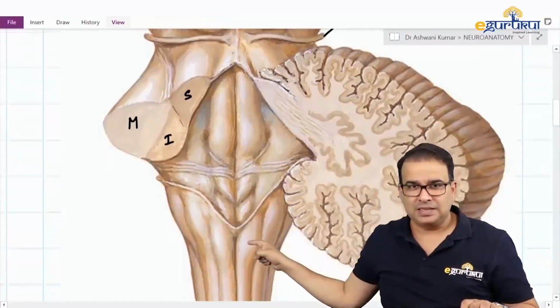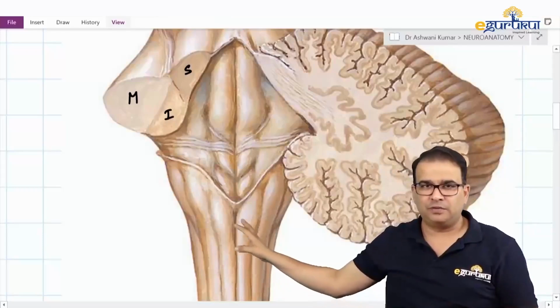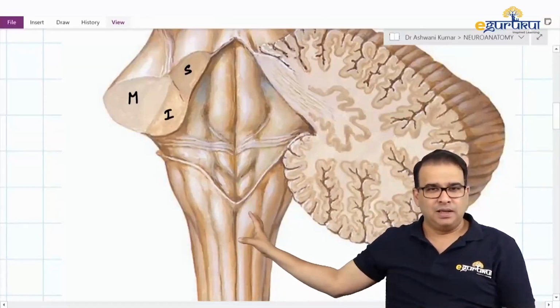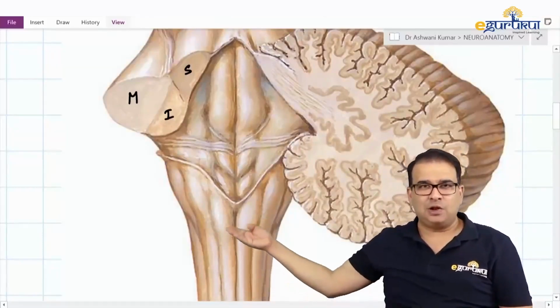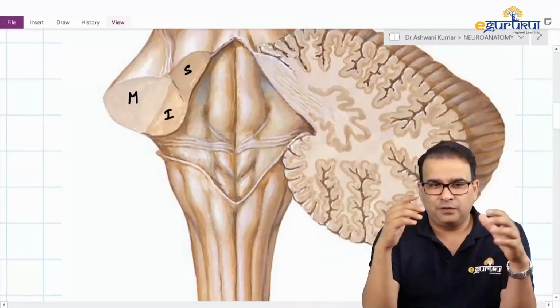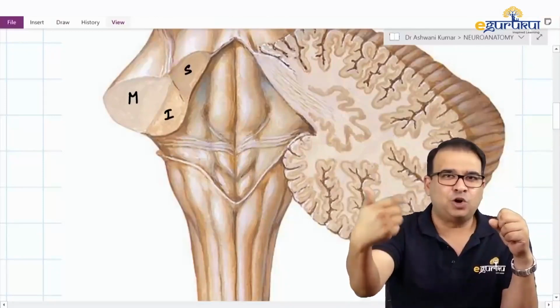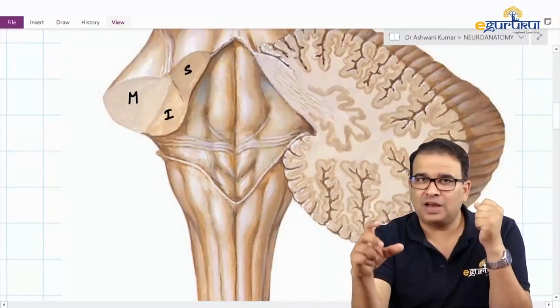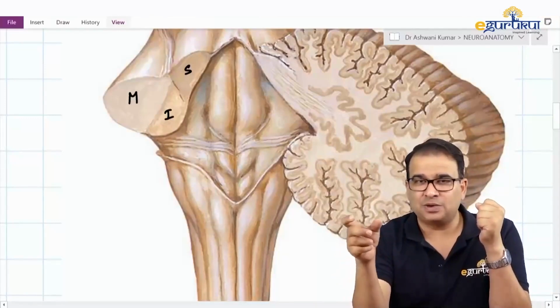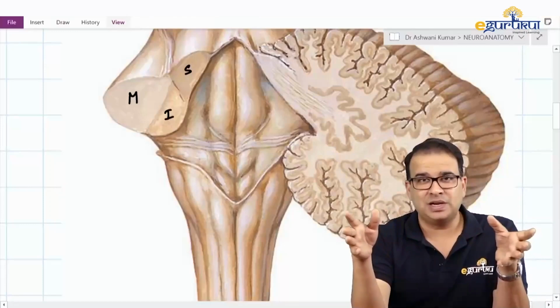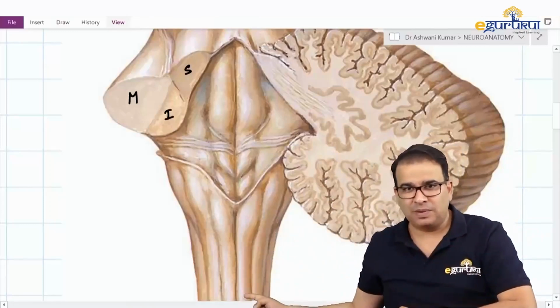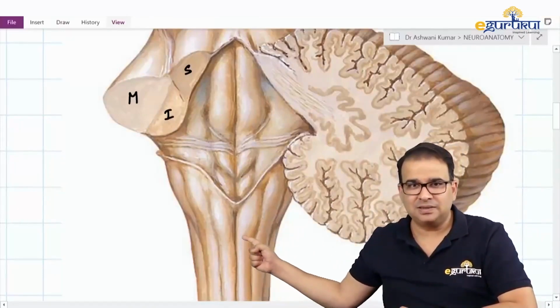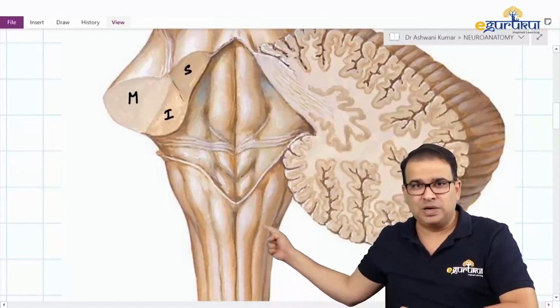Yes, there is. If you look at this portion of the medulla oblongata, it is a continuation from the spinal cord. Now I want you to think about it. If you think about the spinal cord, what is there at the dorsal aspect of the spinal cord? At the dorsal aspect of the spinal cord, we have the dorsal column tract having fasciculus gracilis and fasciculus cuneatus. So that means this here, look at my finger here, is fasciculus gracilis, and this will be the fasciculus cuneatus.